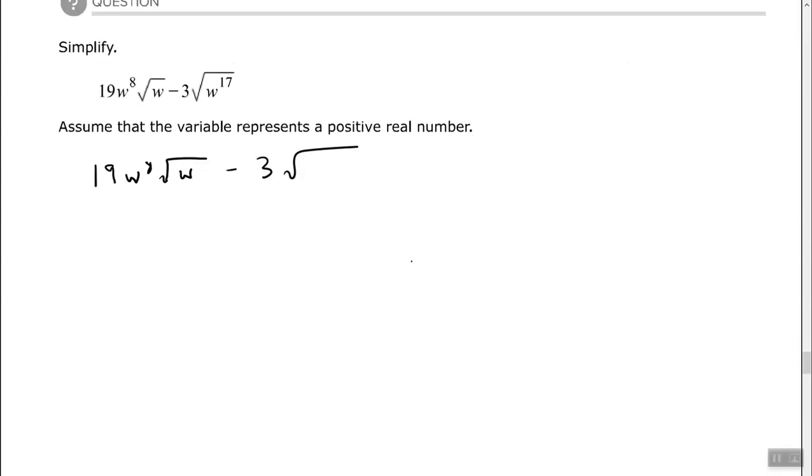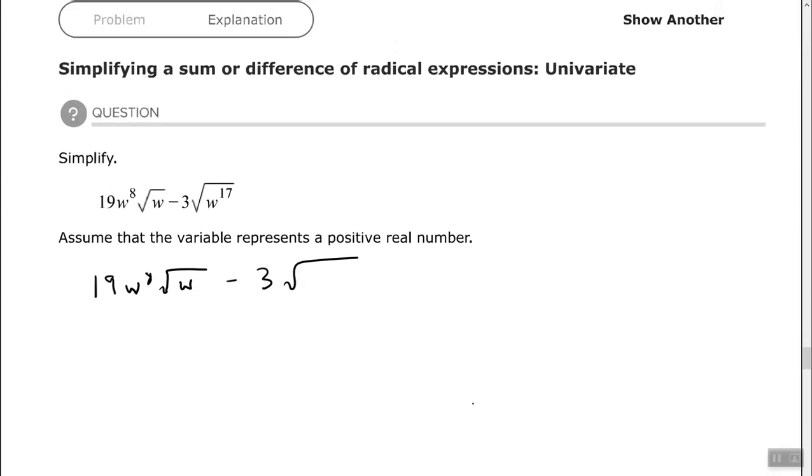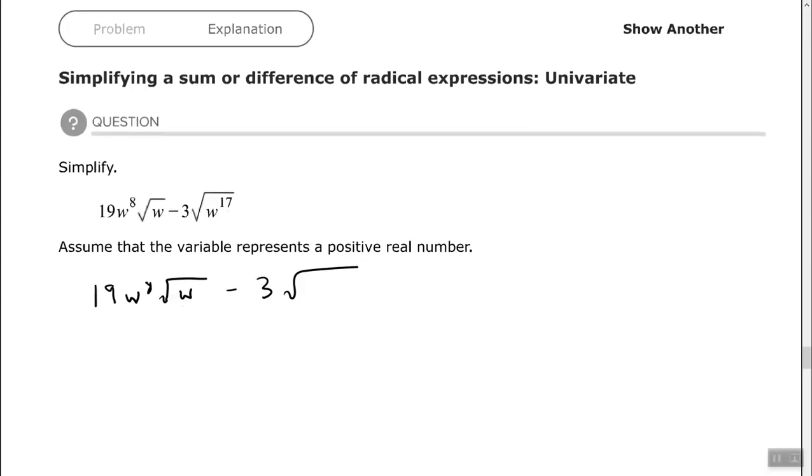If I take this down one digit to w to the 16th, then I can rewrite that as w to the 16th times w to the first, which is still w to the 17th. But what that allows me to do is to take the square root of w to the 16th.